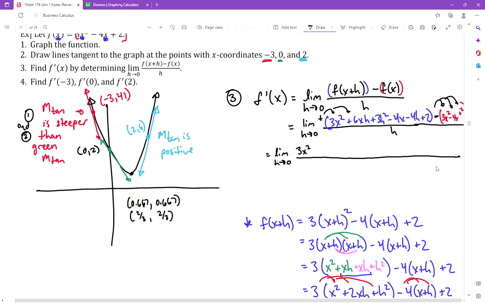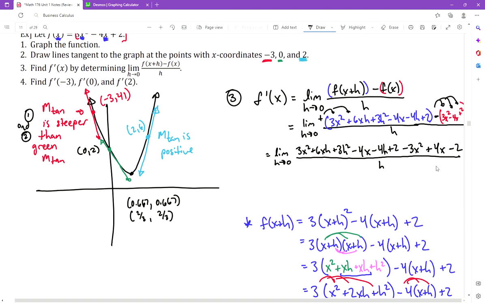So 3x squared plus 6xh plus 3h squared minus 4x minus 4h plus 2. And then distributing that negative over there, we would have minus 3x squared plus 4x minus 2, and then still over that h. So don't forget that h. We have these big fractions. Also, don't forget the limit.